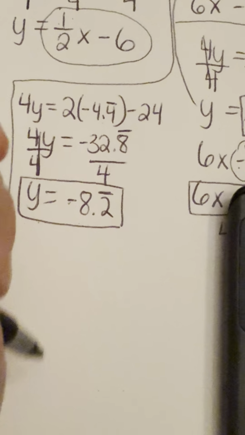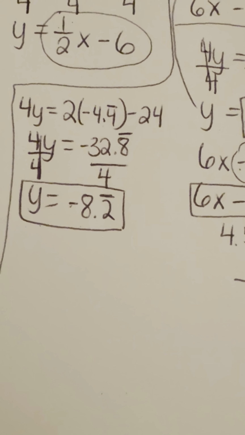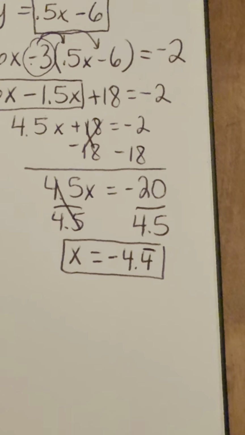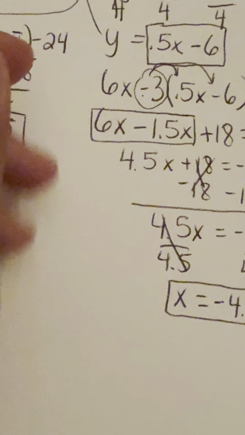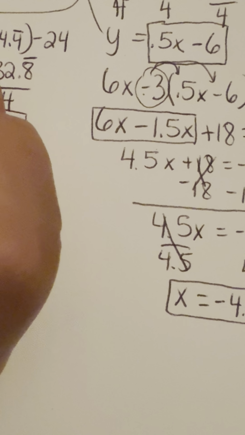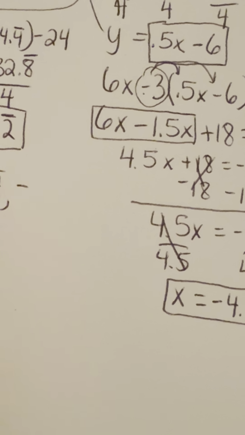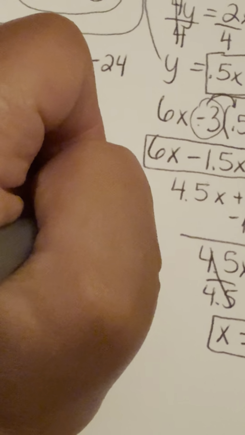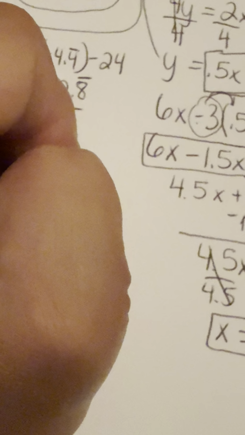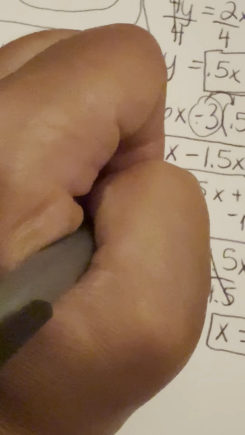Now, I would normally go back and check. This is a really long video, so I'm not gonna do that, but your answers are x is equal to negative 4.4 repeating, and my y, as you can see above right there, is negative 8.2 repeating. And that is my finalized answer.